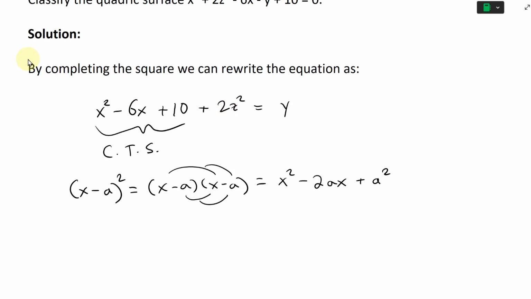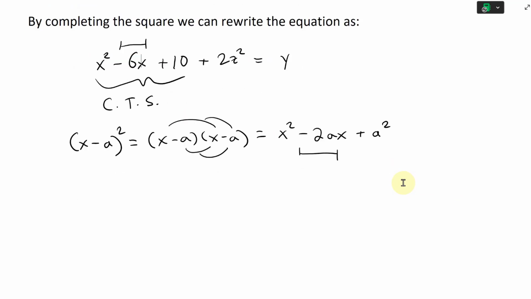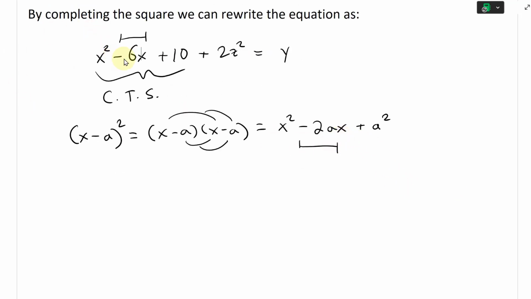Now if we compare it with this part right here, negative 2a has to equal this part, because we have x squared minus 6x, and the a squared we can manipulate. But this is the key one. So negative 6 has to equal negative 2a.